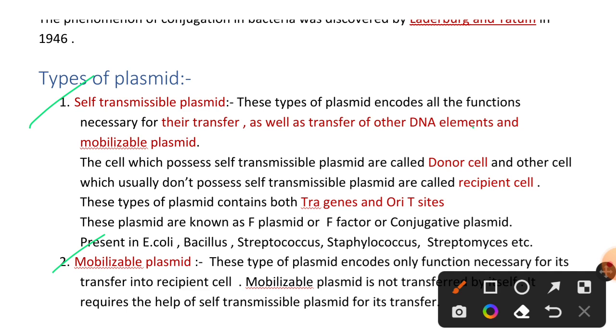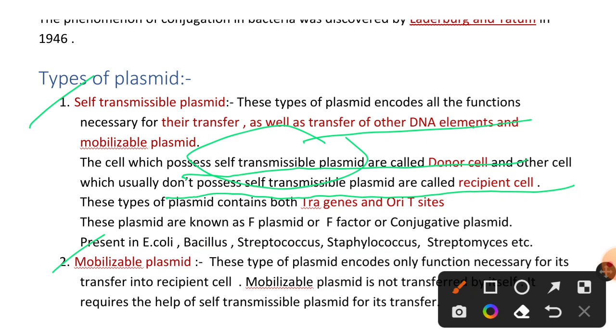Not only that, they can also ensure the transfer of other DNA elements and mobilizable plasmids. The cell which possesses a self-transmissible plasmid is called the donor cell, and the other cell which usually does not possess it is called the recipient cell. That means the self-transmissible plasmid from the donor cell is transferred to the recipient cell.